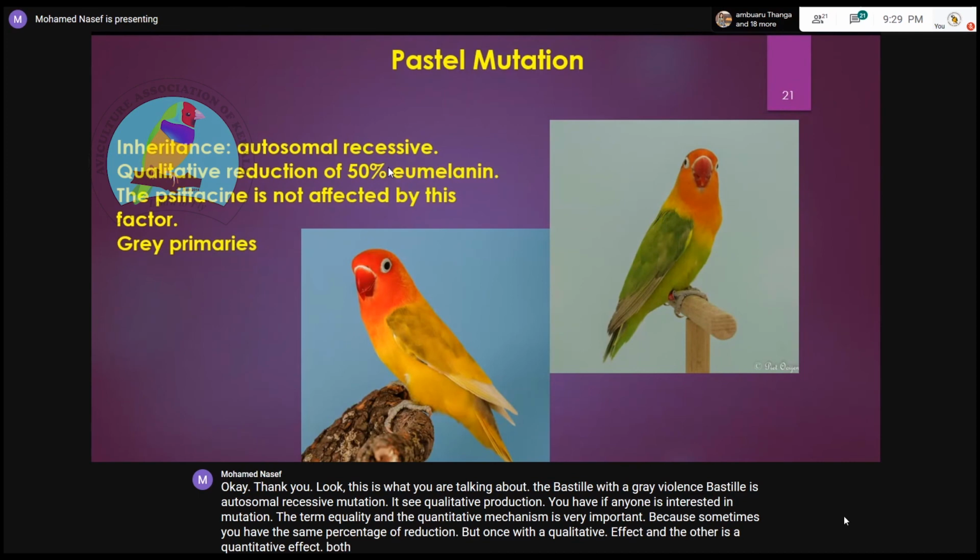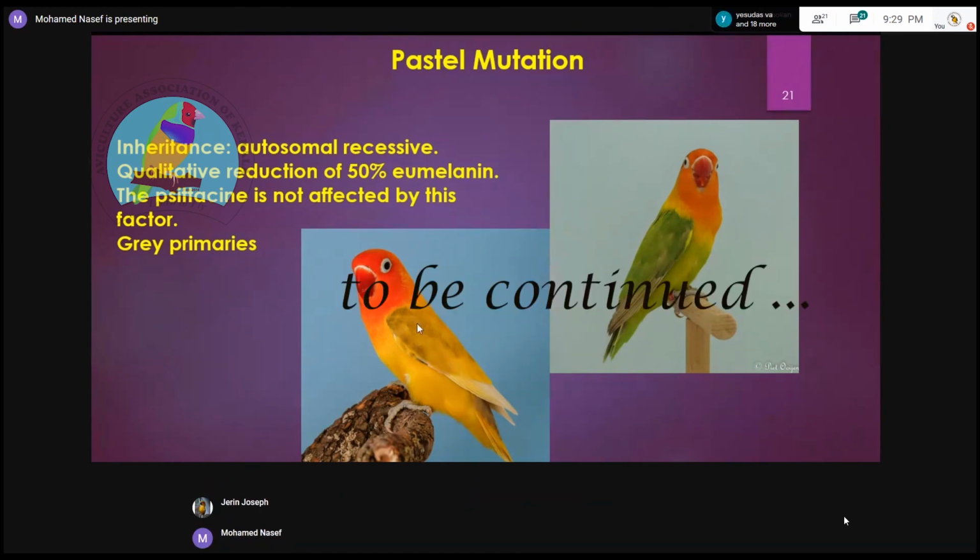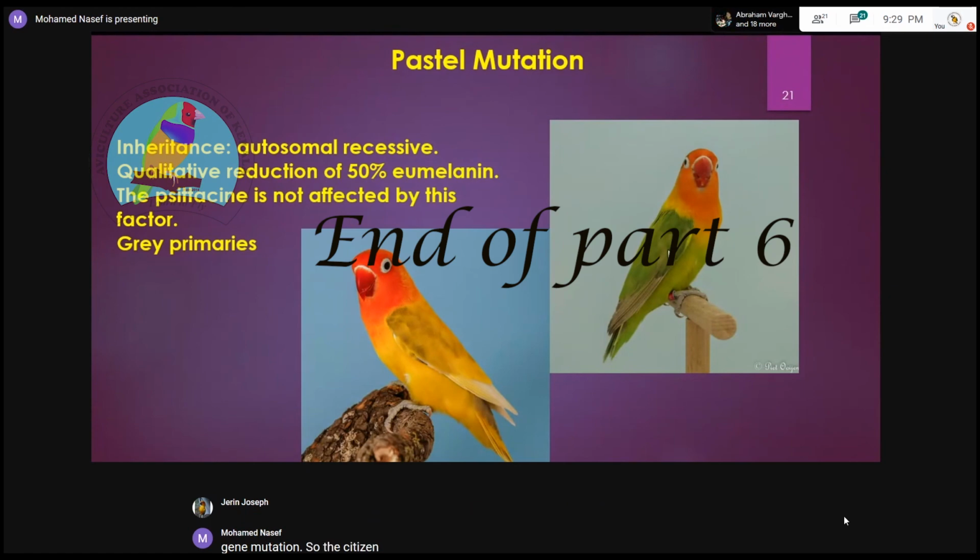Both phenotypes will never be the same. As we said, pastel is a eumelanin mutation, so the psittacin is not affected.